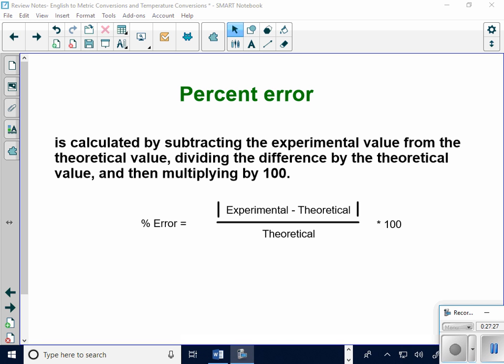So I take the absolute value of the experimental minus the theoretical, divide it by the theoretical, multiply by 100. Okay? Experimental minus theoretical divided by theoretical, multiply by 100. That will give me the percent error. Okay?